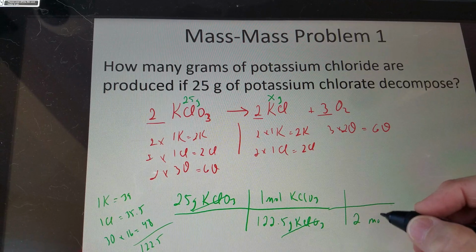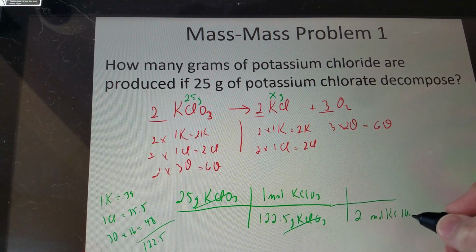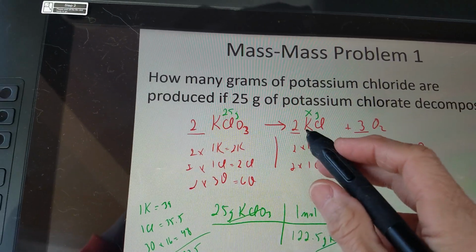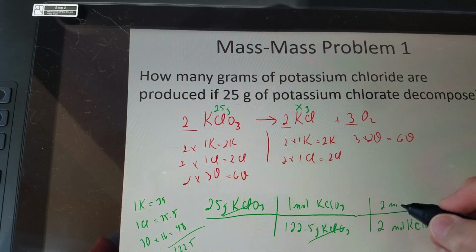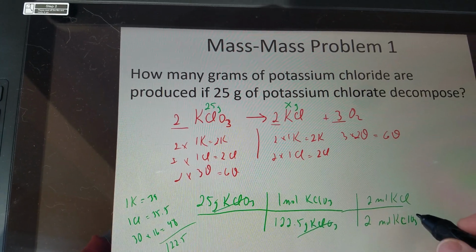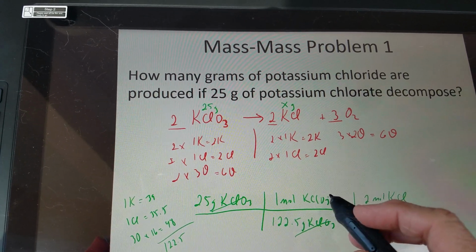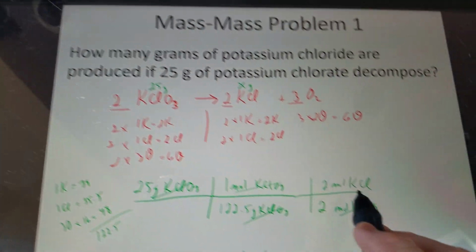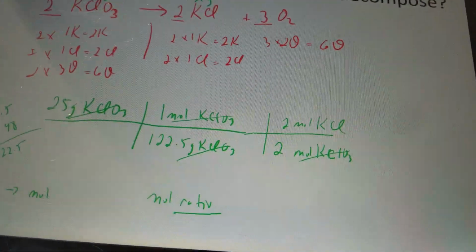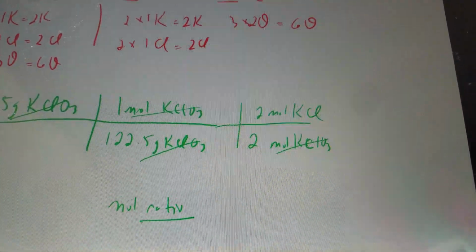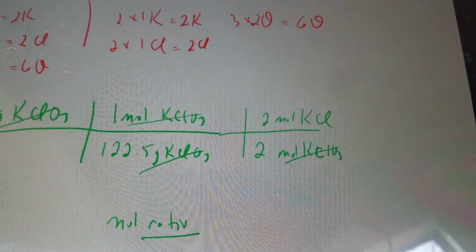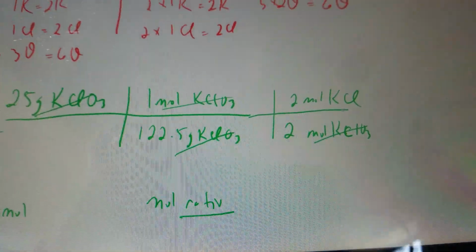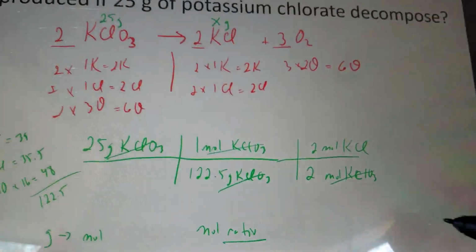We'll put that on the bottom. We're going to 2 moles of potassium chloride. We're going to put that on the top. In this case, if you skip this step, your numbers would end up being the same. You just wouldn't show how you went from one substance to the other because the mole ratio is 1 to 1.